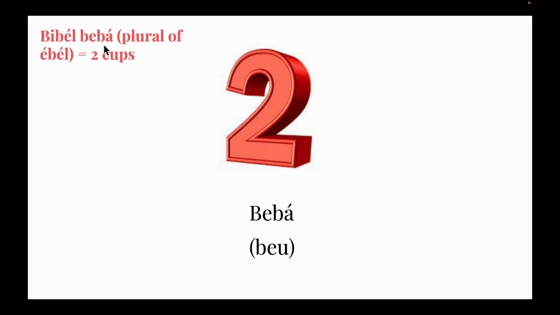You do not say beba bibel. This will be the rule up until number 10. So you're always going to start with the noun, then the number, in Bassa'a. Again, just to wrap it up, number 2 is beba. To say 2 cups, you say bibel beba.